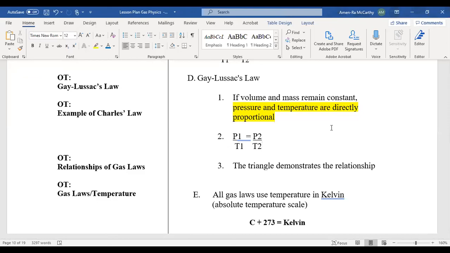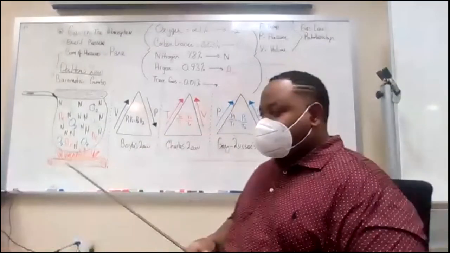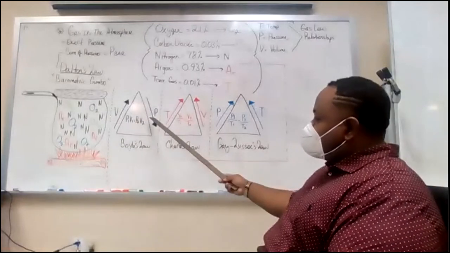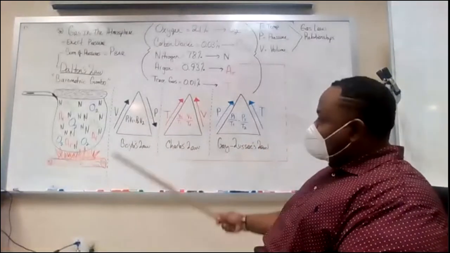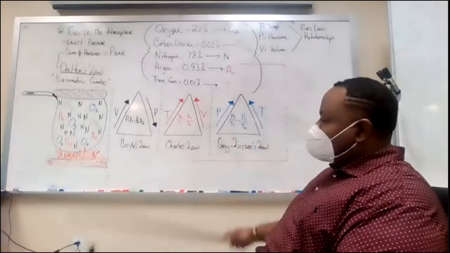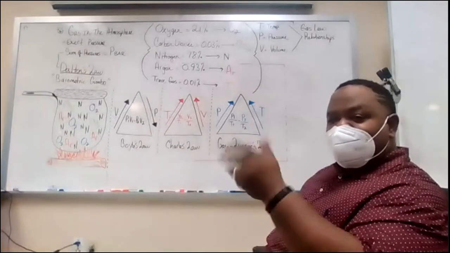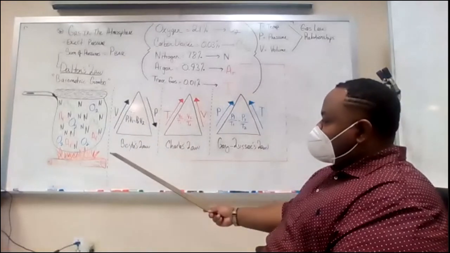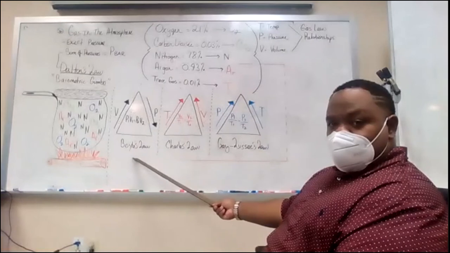And we use the triangle to demonstrate the relationship. You need to be able to write that triangle so you will see what is actually happening. So look right here. Boyle's law says volume and pressure are indirectly related, so you see an arrow going up on one side, down on the other side. They're inversely related according to Boyle.